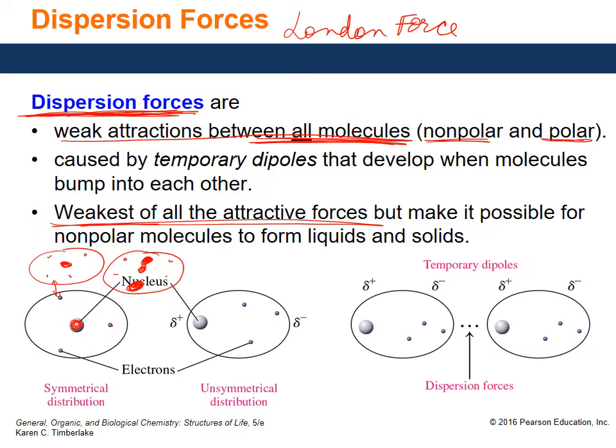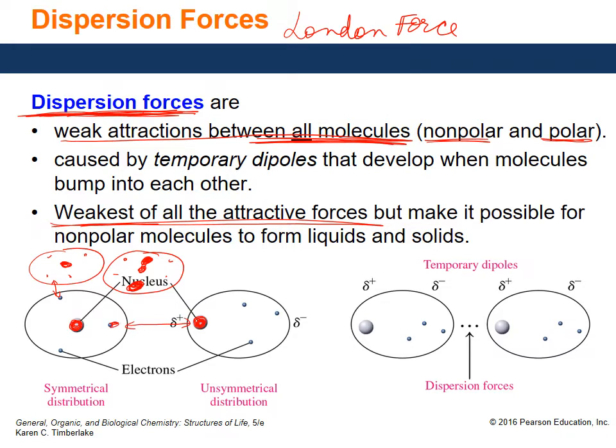So basically what is happening in this molecule, the nucleus was in the middle and the electrons were distributed. Now the electrons will move closer to the other molecule and the nucleus of the other molecule will come closer towards these electrons. So there would be a force of attraction between these electrons and the nucleus.